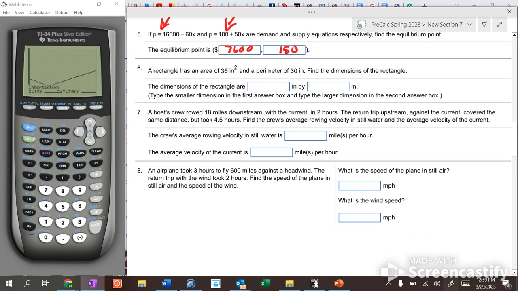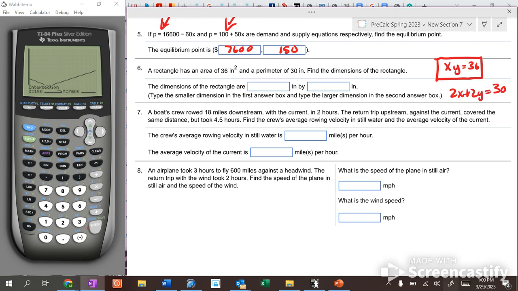A rectangle has an area of 36 and a perimeter of 30. Find the dimensions of the rectangle. Well, I know if it has an area of 36, X times Y equals 36. If it has a perimeter of 30, 2X plus 2Y equals 30.